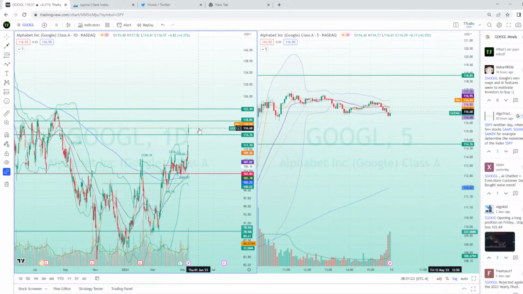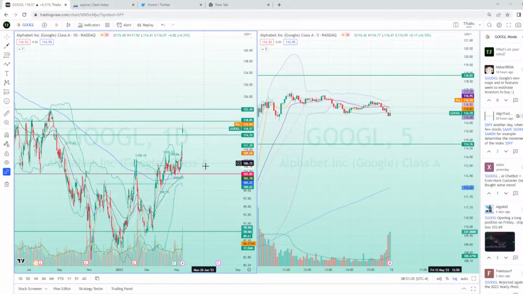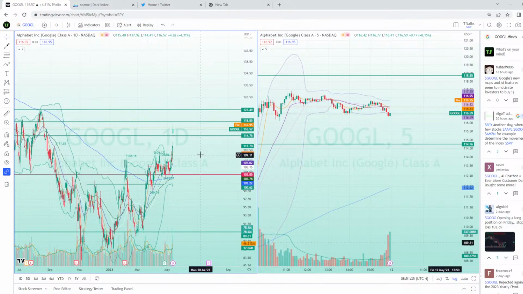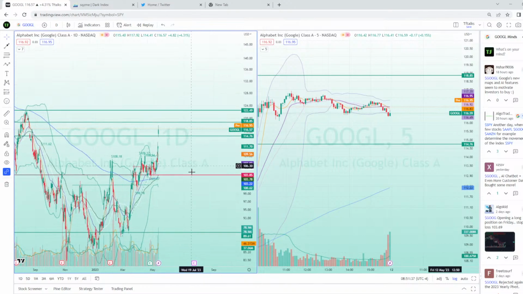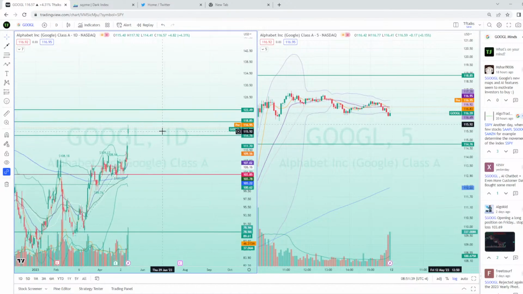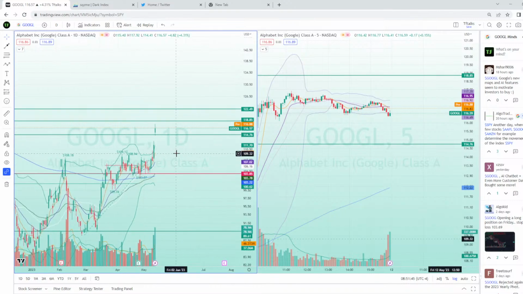So once the Google stock pulls back to about the 110 to 100 level, don't hesitate. Just buy this stock at that level. But right now, at 118, 116, just stop chasing. I don't think it's a good time to buy.